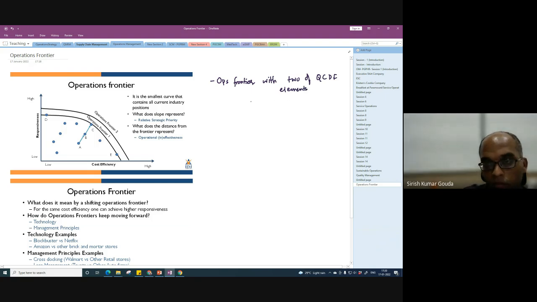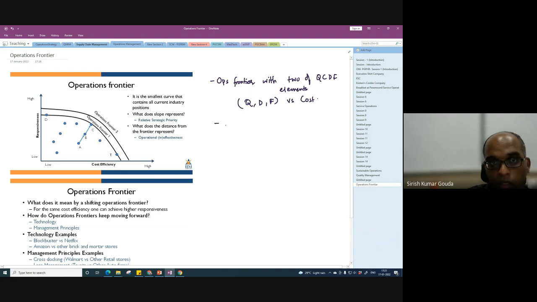In general, we represent cost on one of the axes and the QDF on the other. So in general, it is drawn as QDF versus cost. This is the general process followed for an operations frontier.